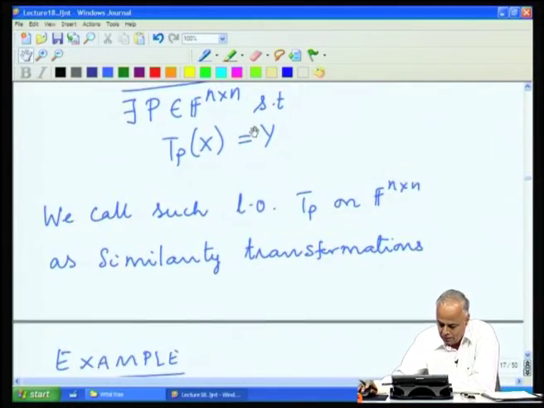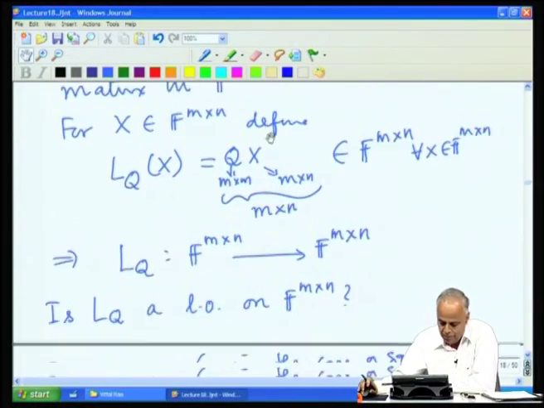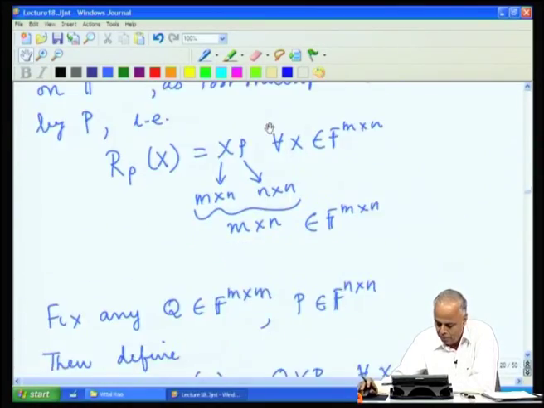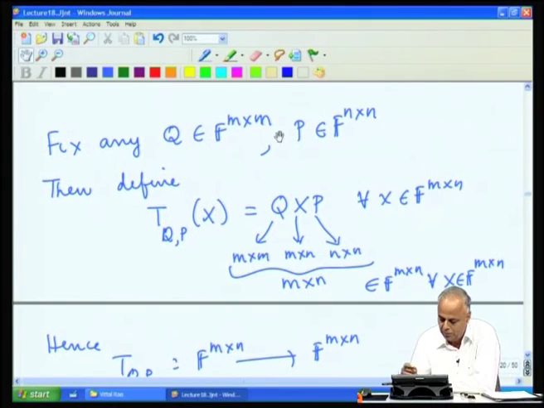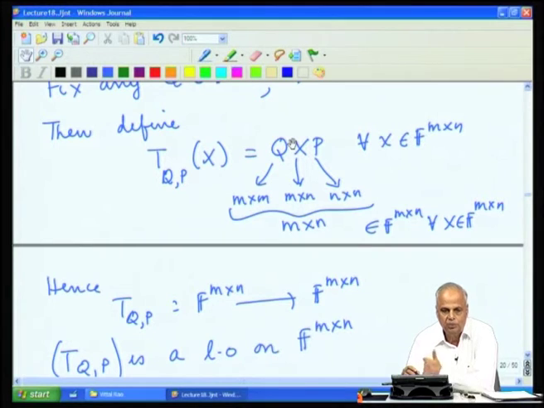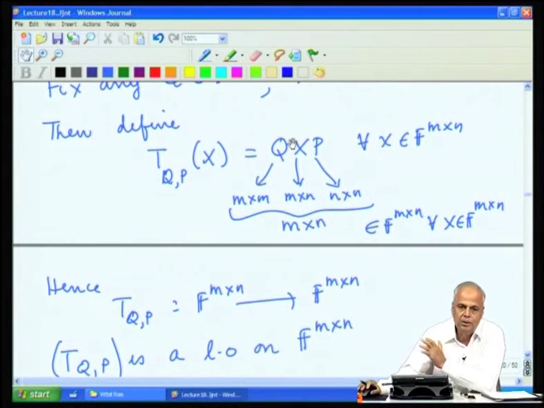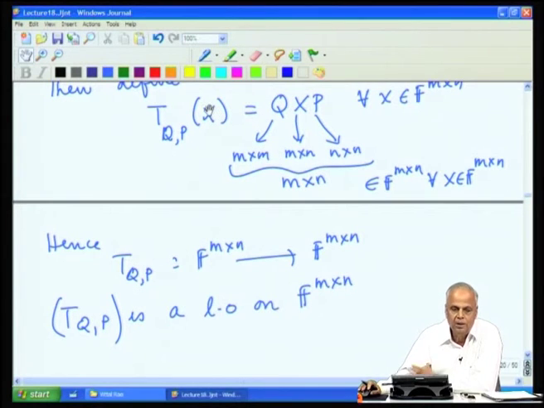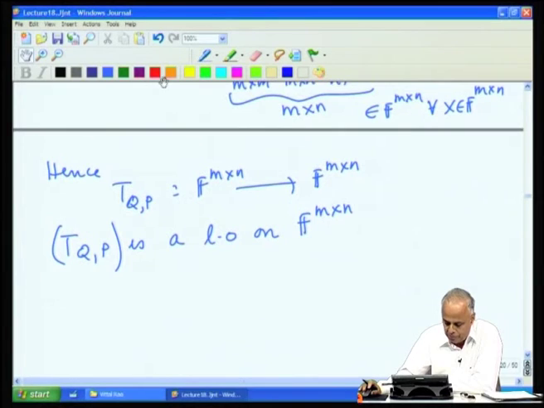And later for the m by n matrices, the type of pre and post multiplication transformations that we have done here will come in handy in the question of the so called singular value decomposition, which we shall be studying, and which is the generalization of the question of diagonalization from the square to the rectangular matrices.